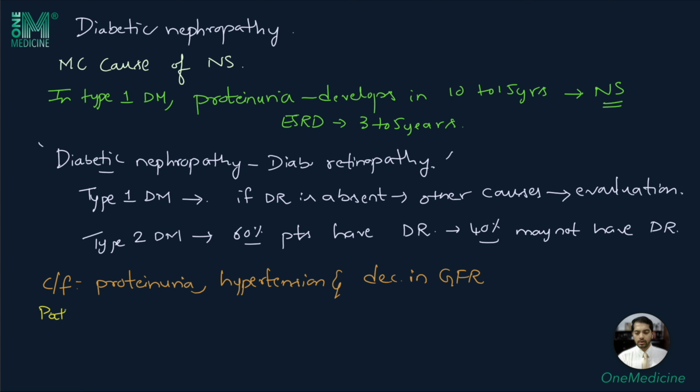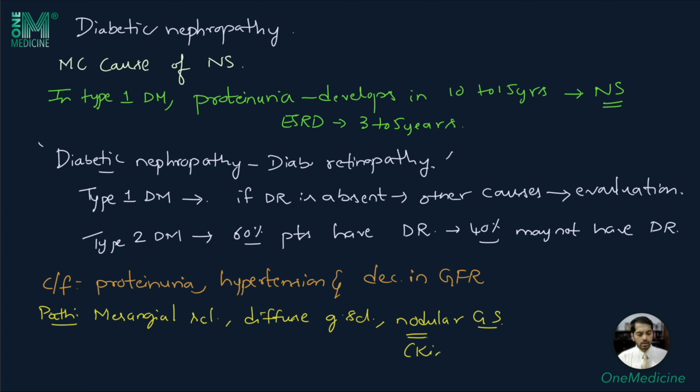Pathological features include mesangial sclerosis, diffuse glomerulosclerosis, and nodular glomerulosclerosis. The nodular glomerulosclerosis is also called Kimmelstiel-Wilson glomerulosclerosis.